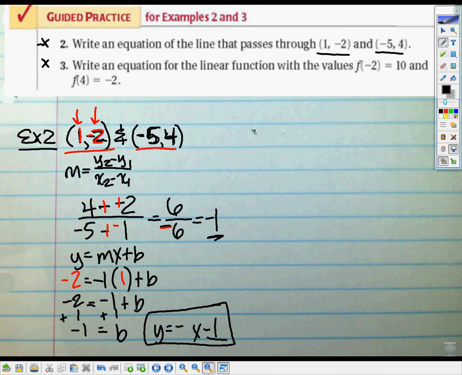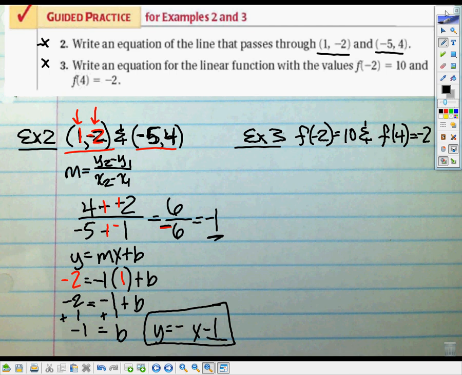So example 3 will be one I'll let you work ahead on your own if you pause the video after we get it set up. Looking at what you have here, we have that f of -2 equals 10, and we have f of 4 equals 2.